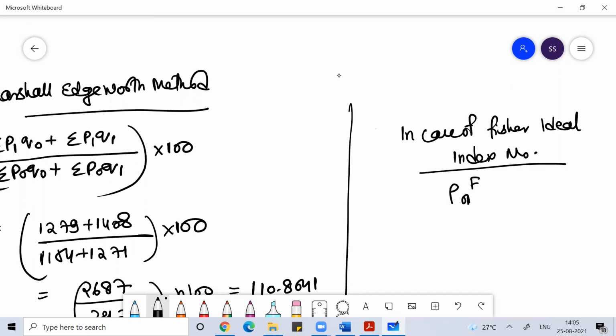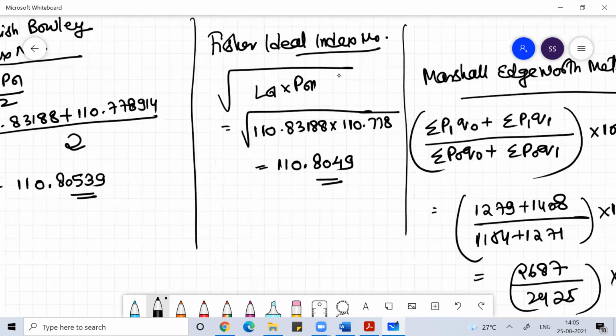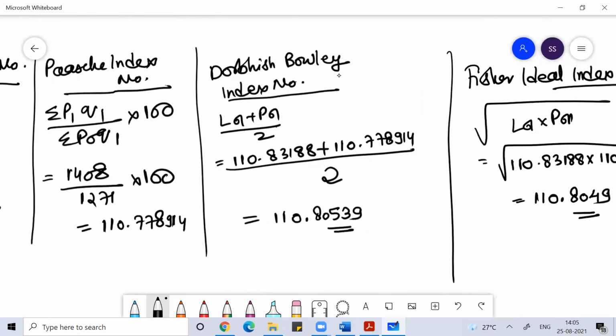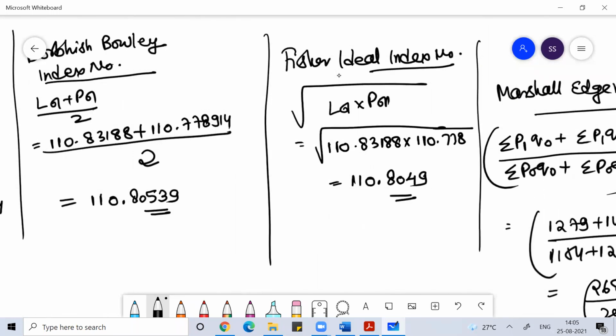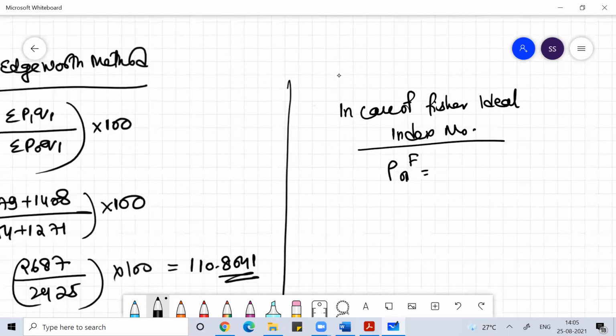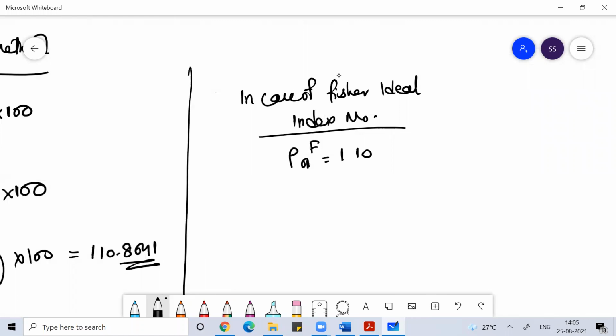P01 I already calculated. If I don't include 100, it is 1.108049. So 100 is not multiplied.